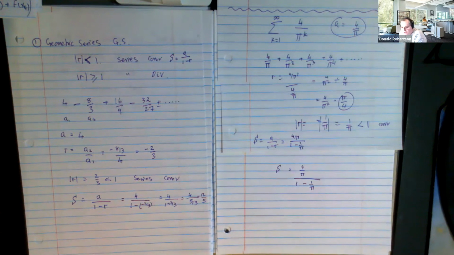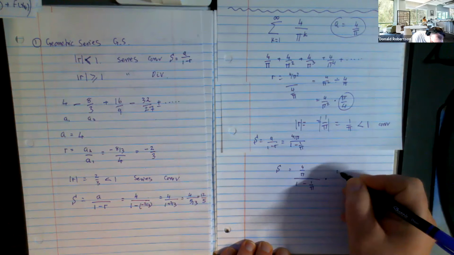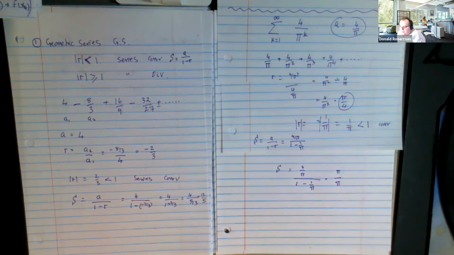Style points. We are not going to let that poor fraction stay like that, right? It's not going to go to a party dressed like that, right? We have to make this guy look better. I'm going to do a little trick. Can't you just multiply it by 1?